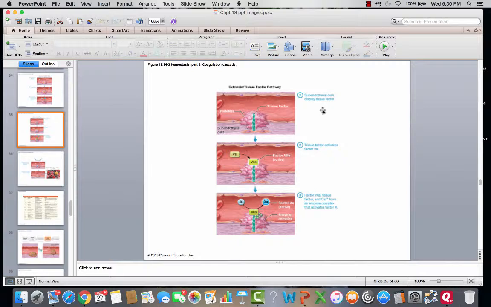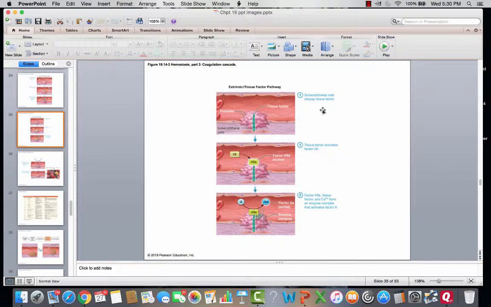So in my synopsis, basically I want you to understand the difference between the extrinsic and intrinsic pathway. And then I want you to understand the common steps that are both going to result in a fibrin platelet clot. Again, I will send you that in the email that I send you.